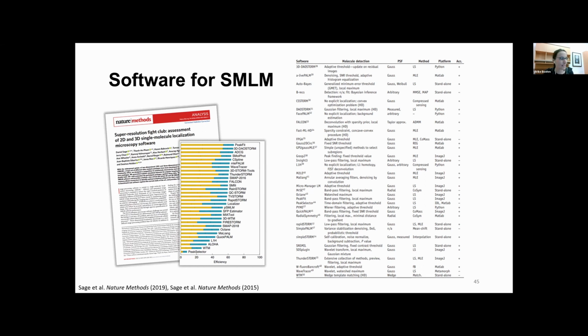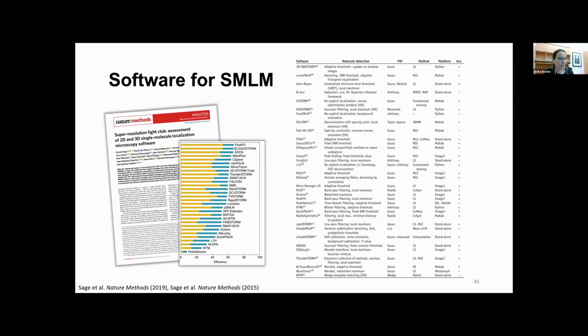But fortunately, in 2015, but also 2019, the community came together, and with a so-called single molecule localization microscopy challenge based on benchmark data sets, they were in the position to compare the performances of these individual steps.